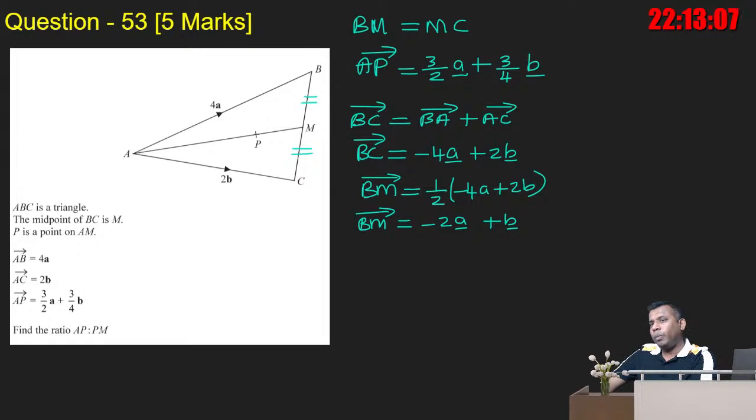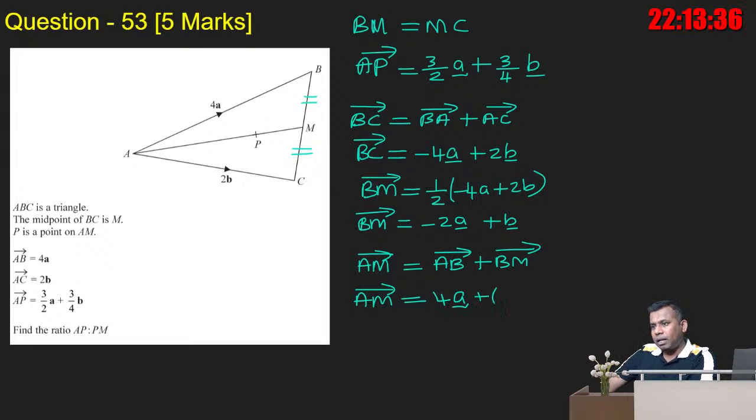Now what can we do? We can do AM vector. AM vector is A to B vector plus B to M vector. A to M vector we don't know, but A to B vector we know, 4A, plus BM vector.